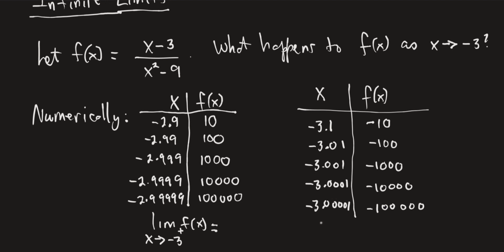Again, we're left with the question: what would we say about this one-sided limit? What's going on here? Well, in the table on the left, the function values are getting bigger and bigger in a positive way. These are big positive numbers by the time you get to the fifth row.